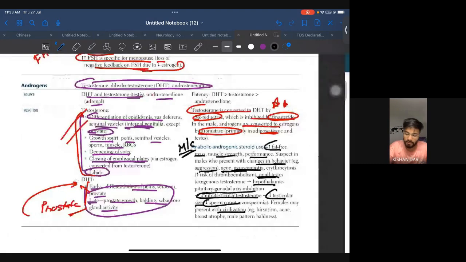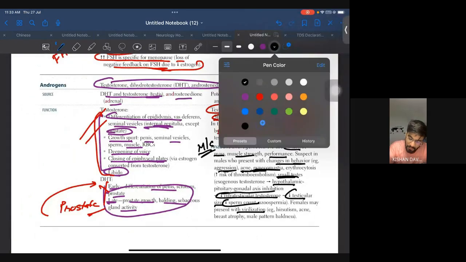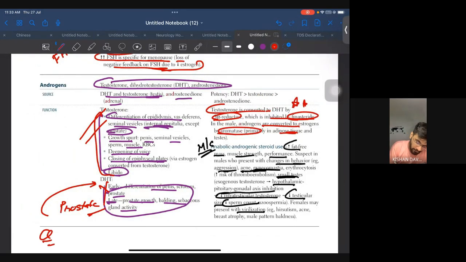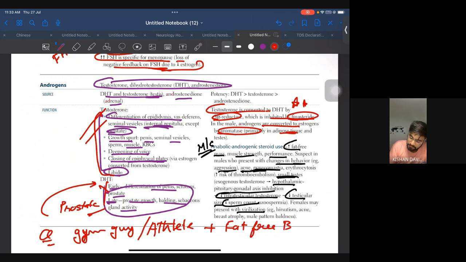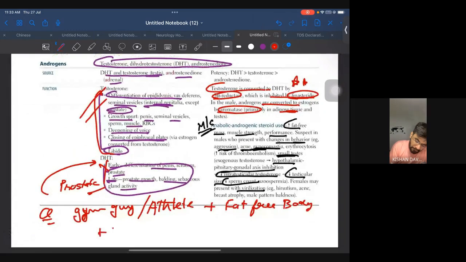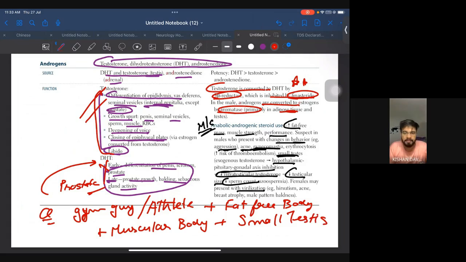Now see how the question will come here. Gym guy or athlete, fat-free body, muscular body, small testes. Okay, this will be given.